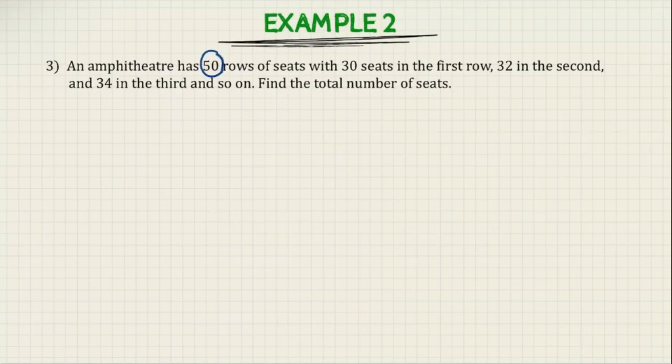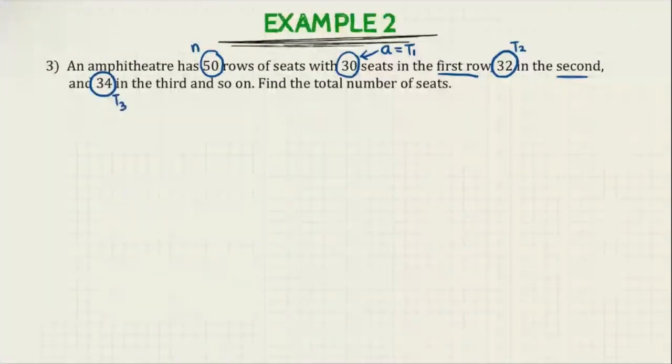Okay, ini merujuk kepada value of n. So 30 seats on the first row, this one is actually our A. Ataupun dia adalah our T1. Okay. 32 on the second row, maksudnya ini adalah T2 dan ini adalah T3. Okay, so itu pattern dia lah.